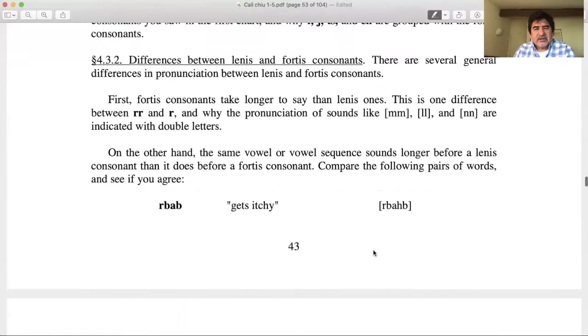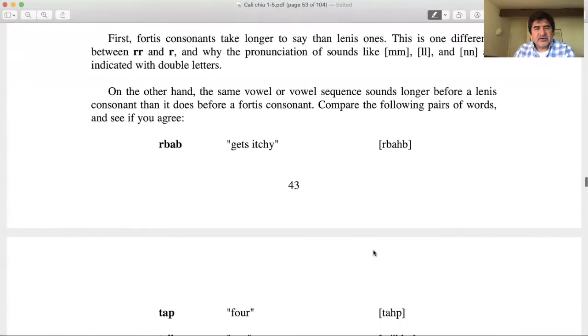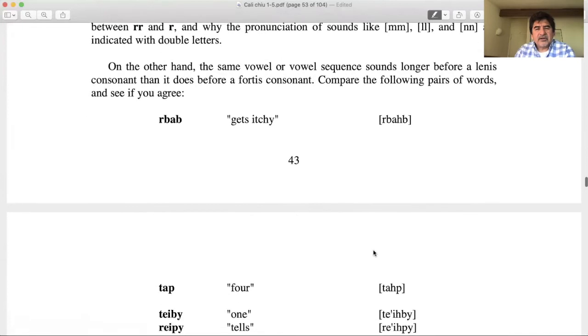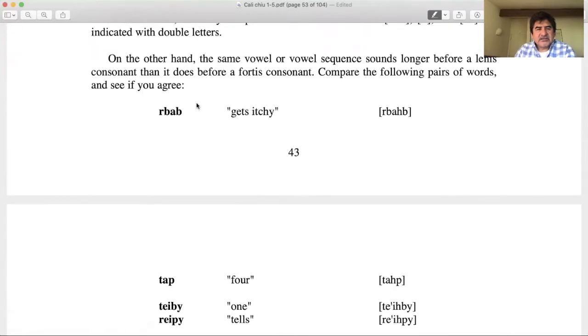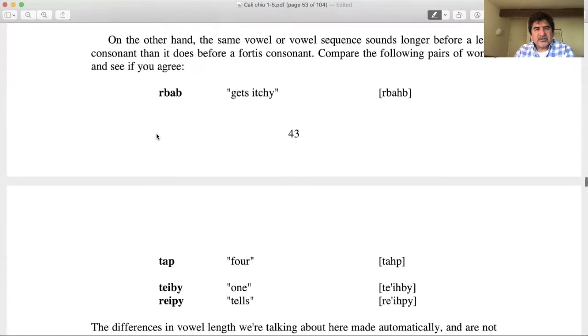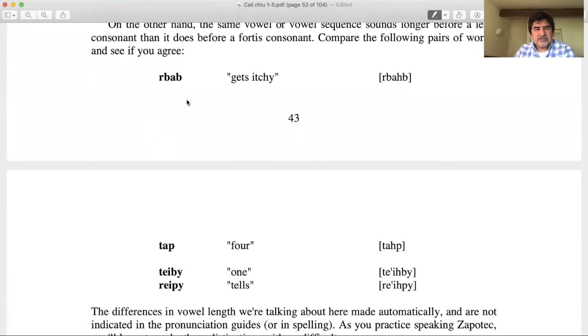So let's start at the bottom of page 43 with rbab, rbab. Here we are listening at the end of the word. It's the B, the lenis, and then we have the fortis. One more time, so you can hear the contrast: rbab, tap, tap.